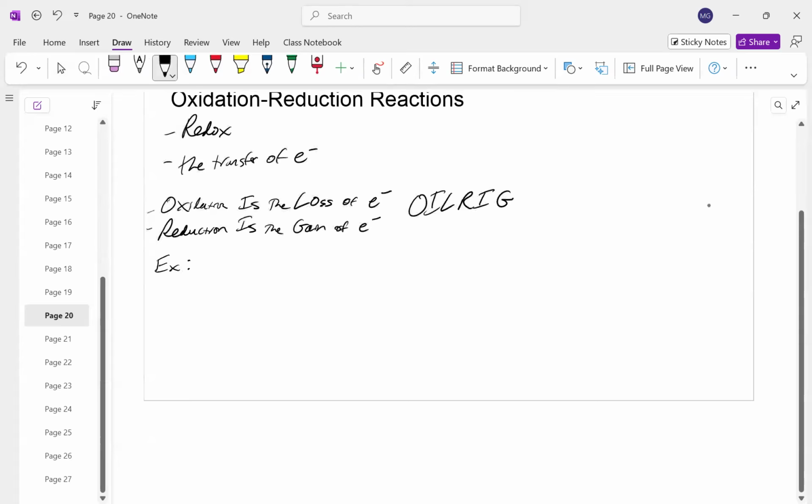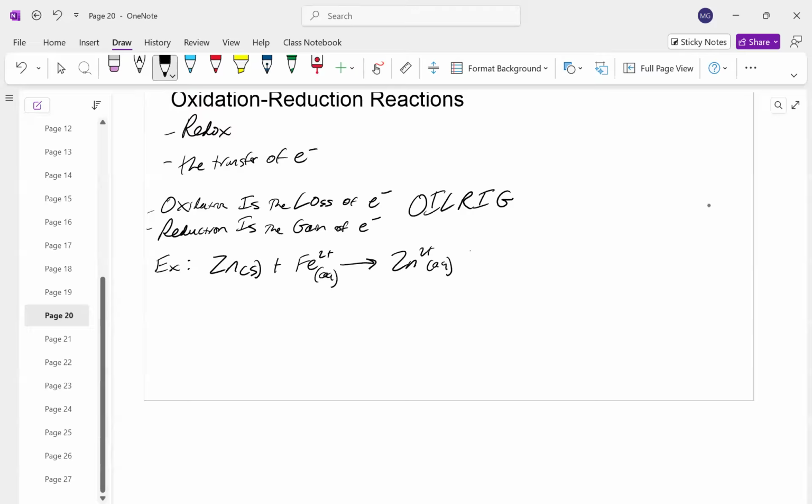So let's look at an example, and this is something that you did in lab. Took zinc metal and put it in a solution of iron(II) ions, and that zinc metal was converted into zinc ions, and the iron ions were converted into iron metal. Now we would say that the zinc got oxidized because if we look at what happened to it, it lost electrons.